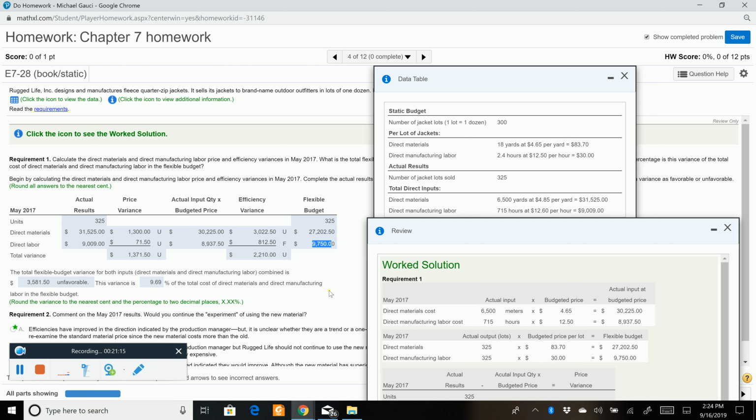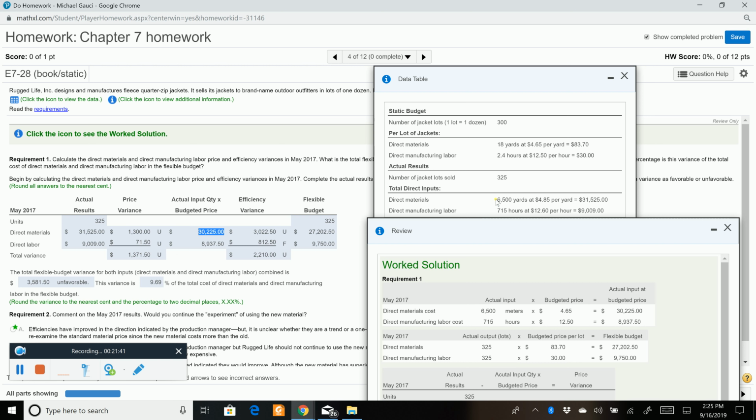Now we're going to throw in this middle column where we're going to take the actual quantity from column 1, and the budgeted price from column 3. So let's take a look. How did I get this $30,225? Well, that is the actual input.